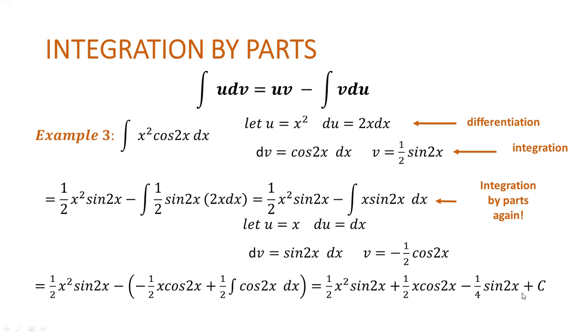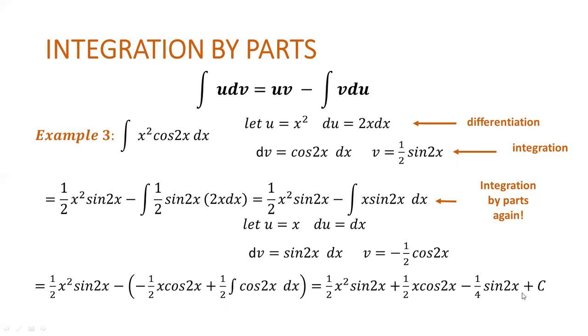You will encounter a lot of these cases, not only here in integral calculus, but even in differential equations, and even later on in the case of the chemical engineering students in your chemical reaction kinetics. It's not at all times that you will only integrate by parts once.